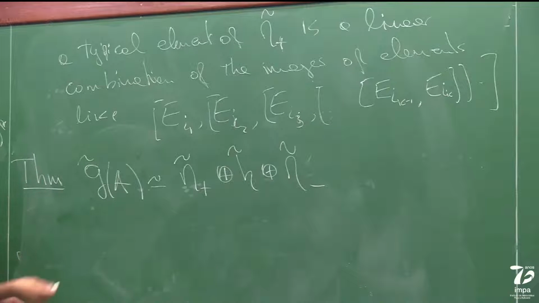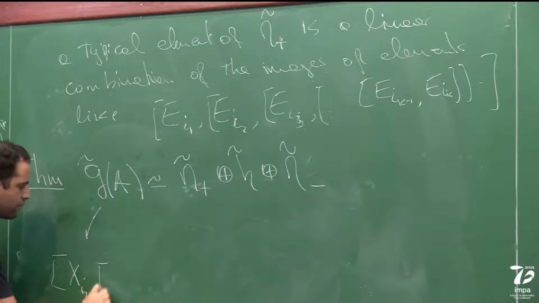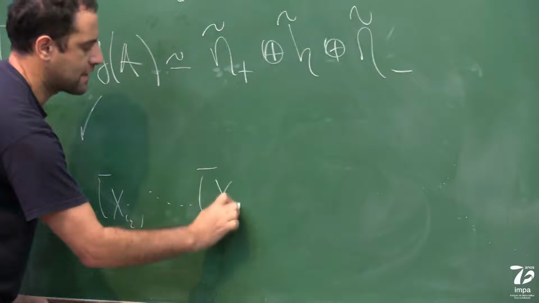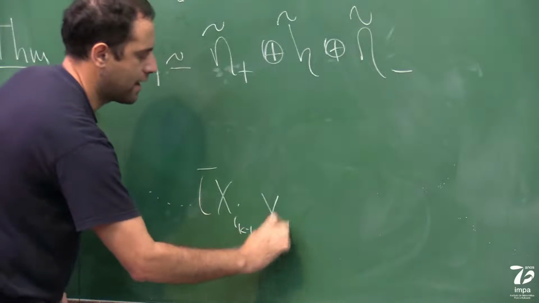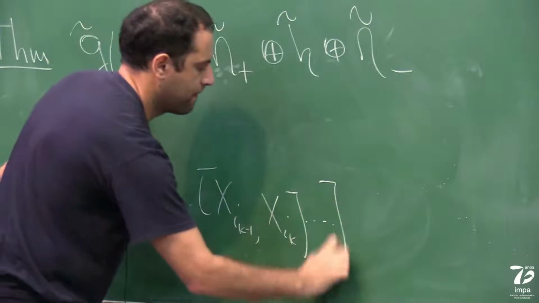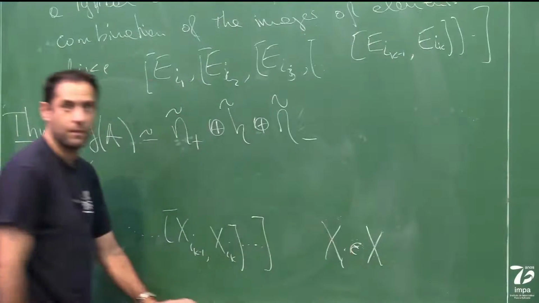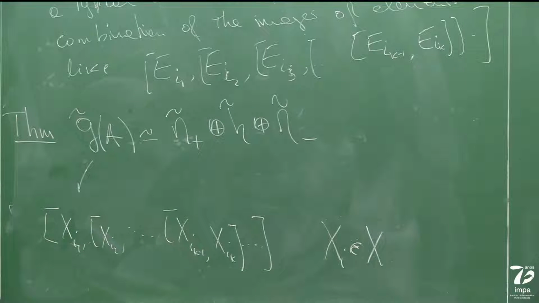Well, a typical element here is the image of elements like this: xi1 bracket with xi2 bracket with xi k minus 1, xik, where these xi's are arbitrary elements in X. So they could be either an ei, an fi, or an hi.